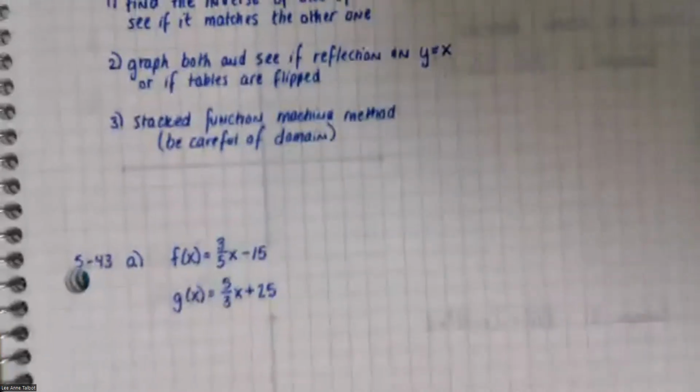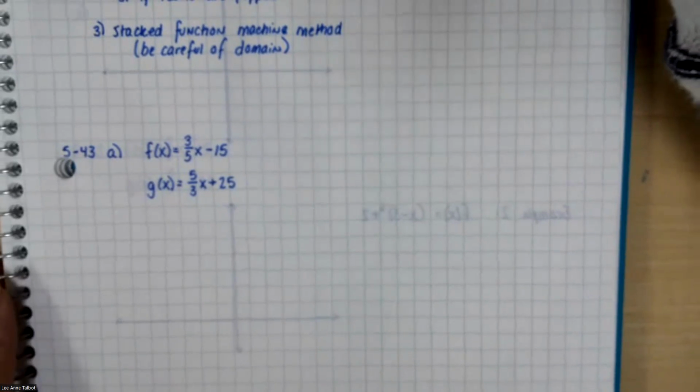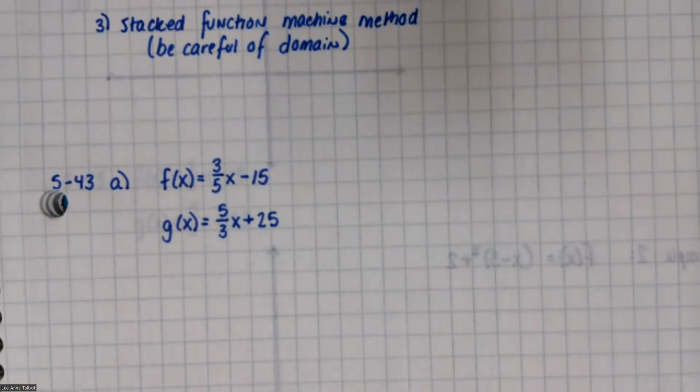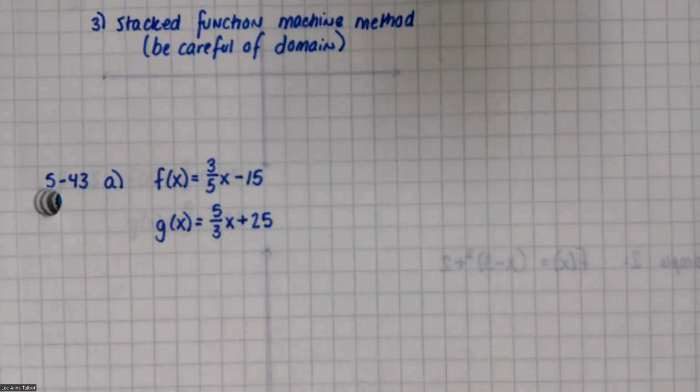Last one, 43. We're going to do this one here. Okay, I'm going to do the stacked function machine method for this because I like it so much.